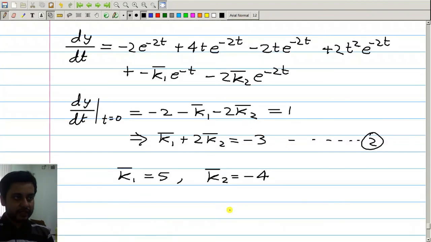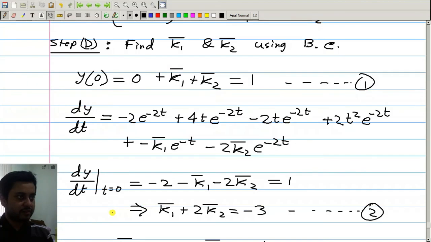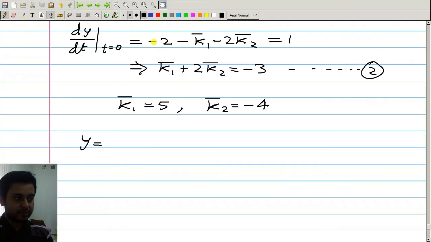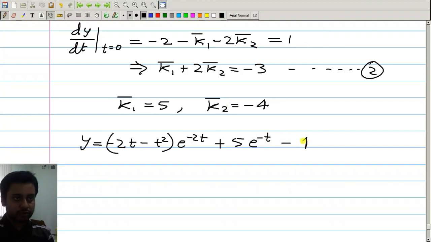And that's how the final solution becomes this term, then plus 5 e to the power minus t, and then minus 4 e to the power minus 2t.